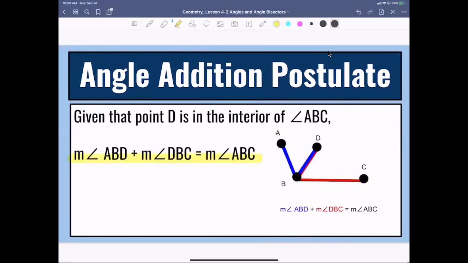That's what this is saying, which is the same thing as this, just color coded to give you a better idea. So you're just adding them up: this plus this equals this.